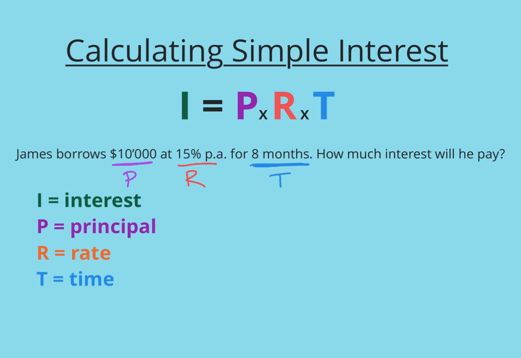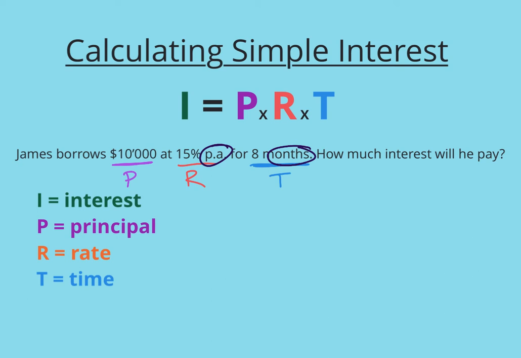It is not in years, it's in months. There's a difference because our rate is in years, but our time is in months. So they're not the same units. So when we are putting it into our formula, we have to write our time as a fraction. I'll show you that in just a second.